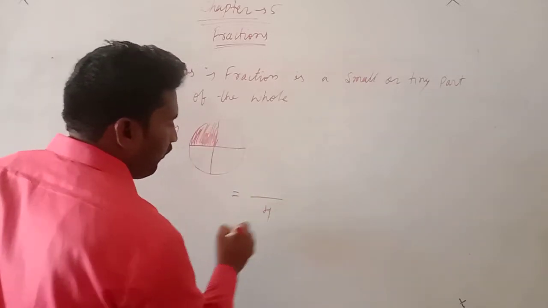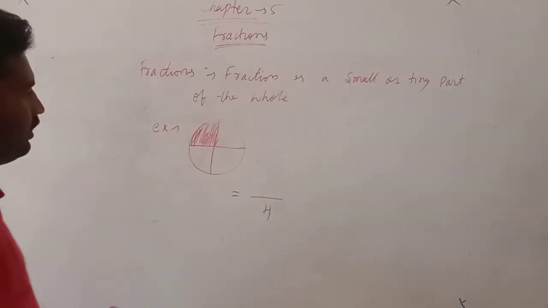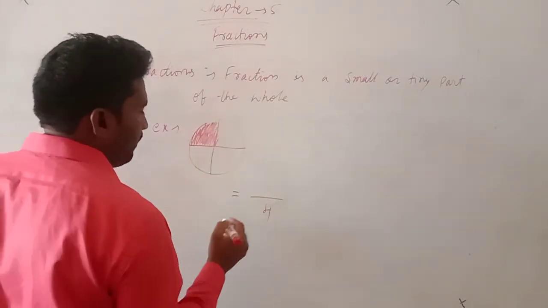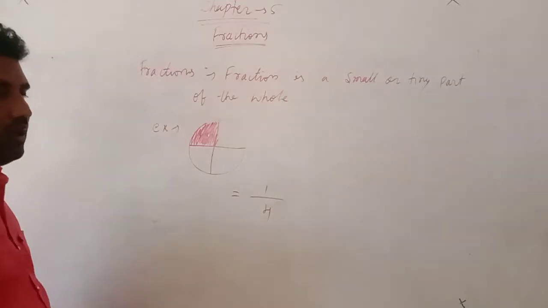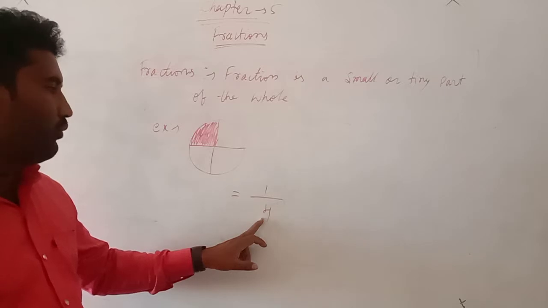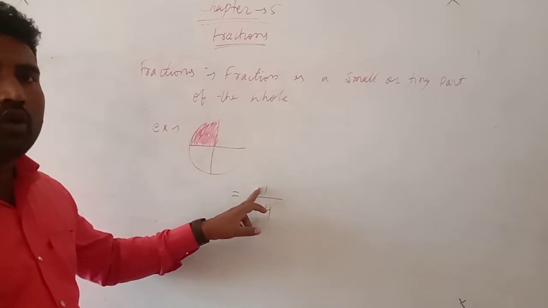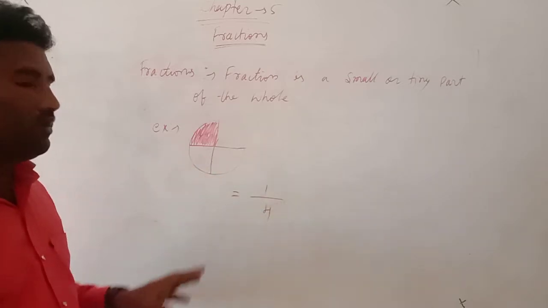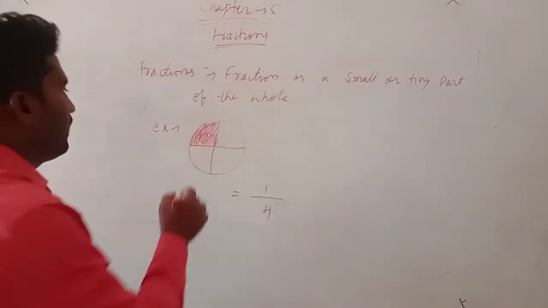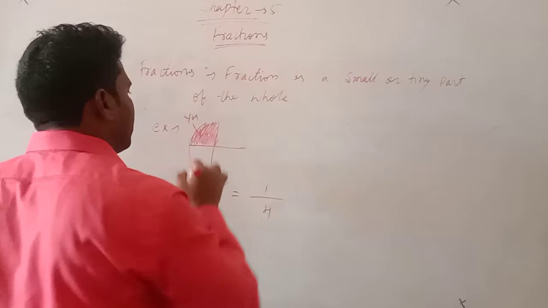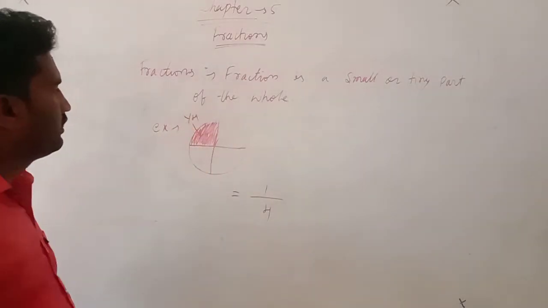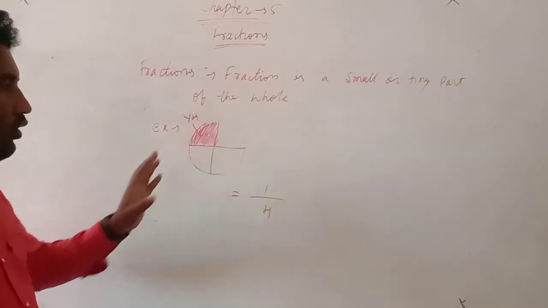So there are four parts, and we have taken only one part. The whole was divided into four parts, and we have taken only one part. So it is 1/4. We can write this as 1/4. It is 1/4 part of the whole.